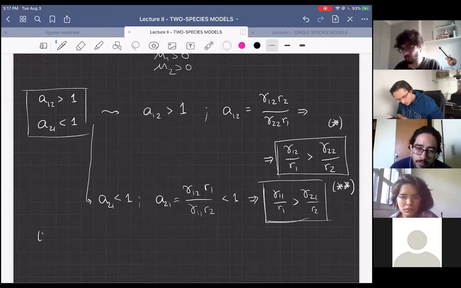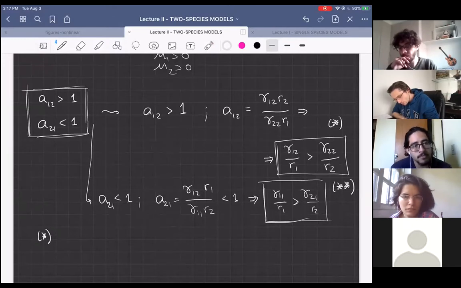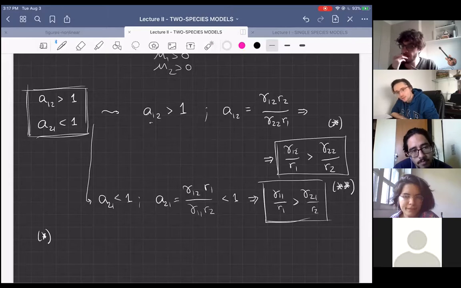So 1 star is telling us that for this value of A12 here, the species 2, remember the order of the indexes, this gamma 12 is the strength with which species 2 inhibits the growth of species 1.